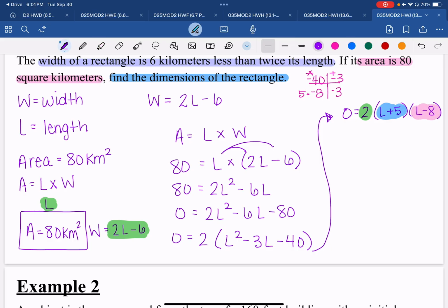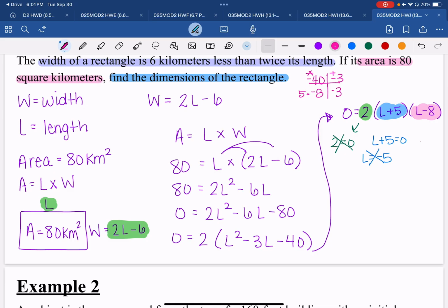One of them has to be 0. Well, does it make any sense for me to say 2 equals 0? No. So that's just kind of gone. L plus 5 equals 0. Well, that tells me that L equals negative 5. Well, can I have a negative 5 length? No. So that one's gone.